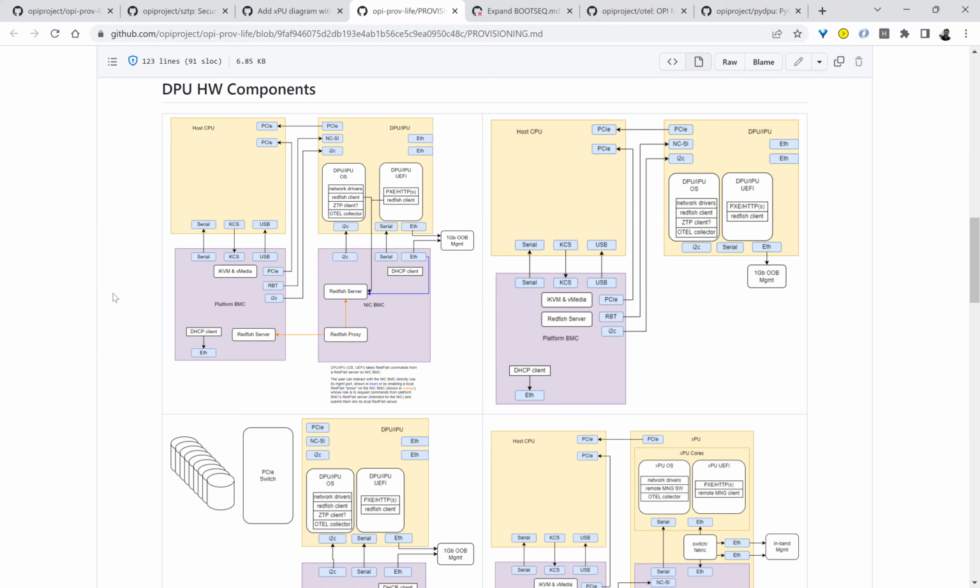This is what it was initially supposed to be. Okay, gotcha. NVIDIA is not represented by the first picture either. Yes, they have a separate NIC BMC, but a lot of components that we draw here are also inaccurate.